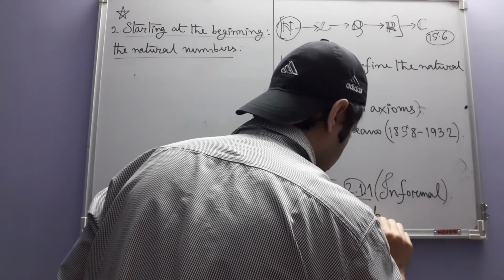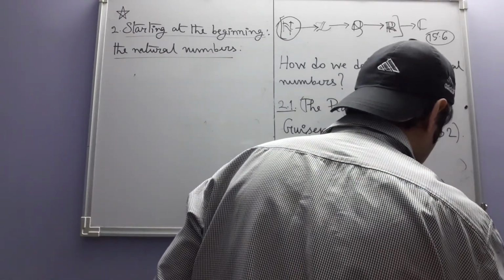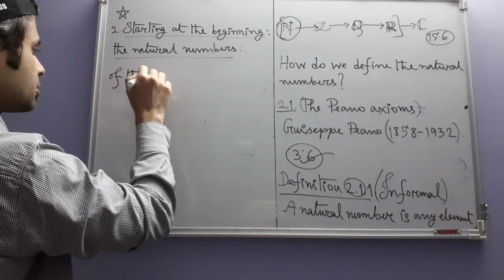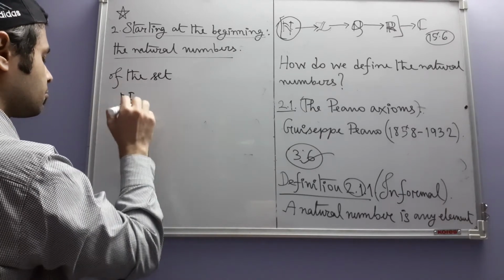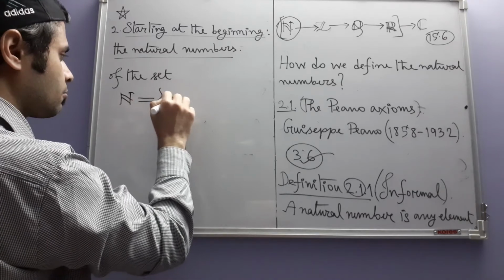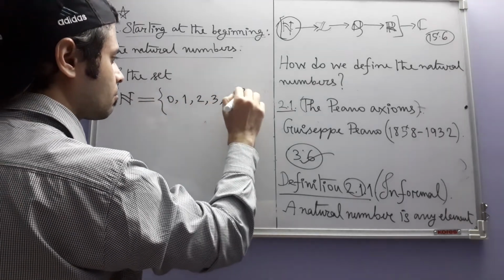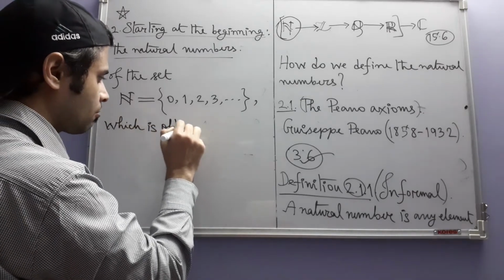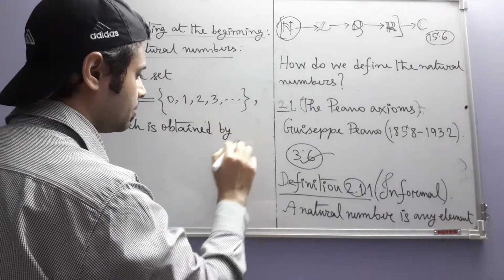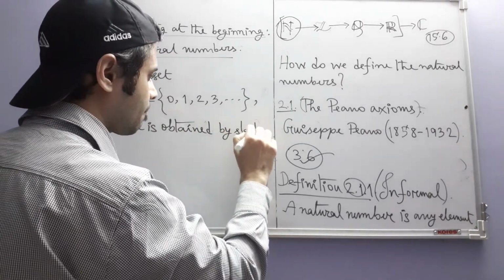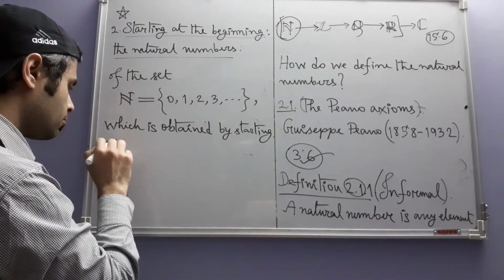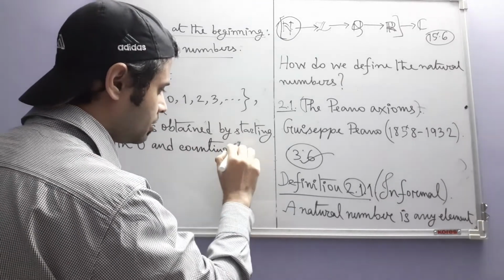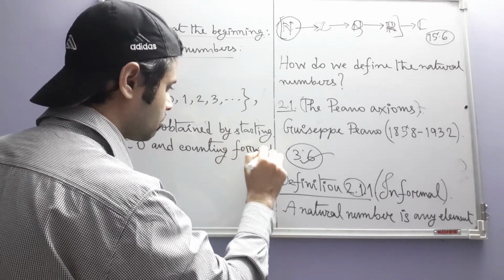A natural number is any element of the set which is obtained by starting with 0 and counting forward indefinitely.